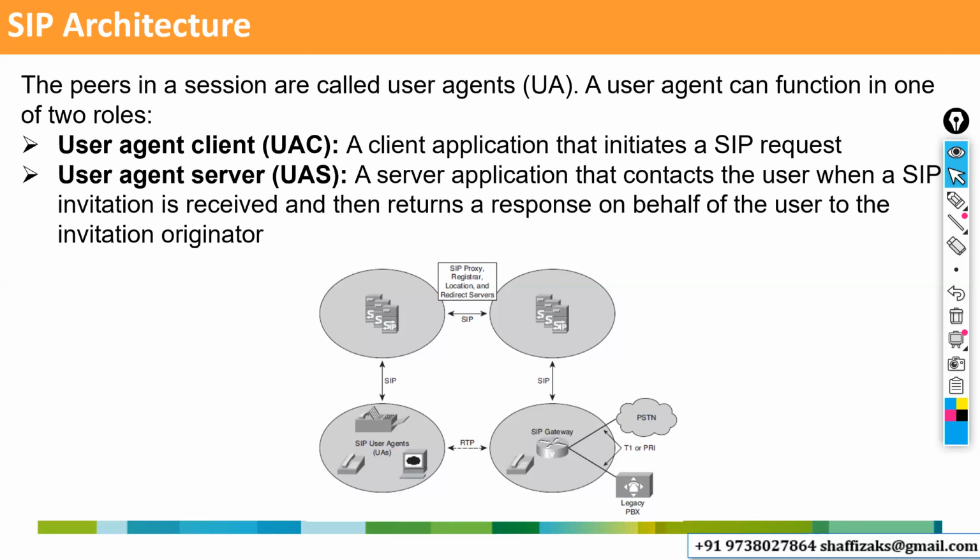Always the gateway is the client, CUCM is the server here. But H.323 and the SIP protocol are both peer-to-peer protocols. Though in H.323 we have a concept of master and slave, here we have the concept of user agent client and user agent server.